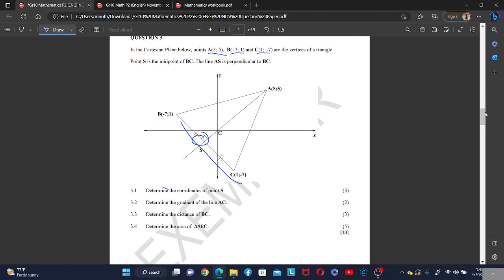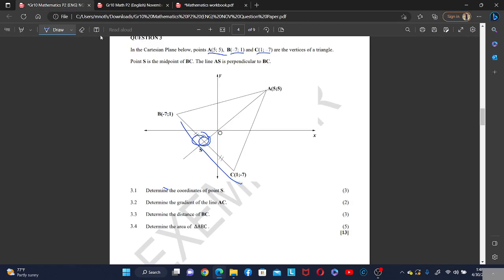So point S is this one, which is the midpoint of BC. So we know the midpoint formula. The midpoint formula is saying that this is the midpoint of BC, right?